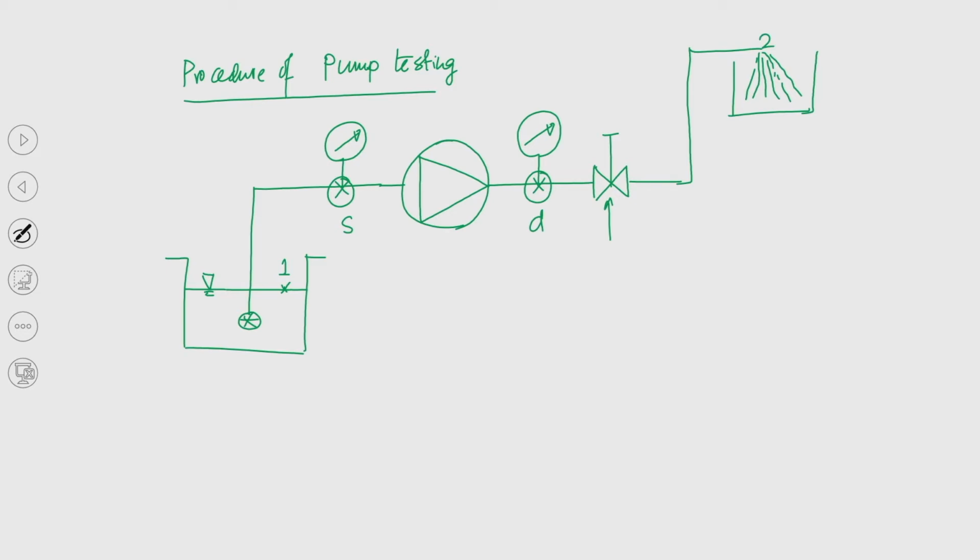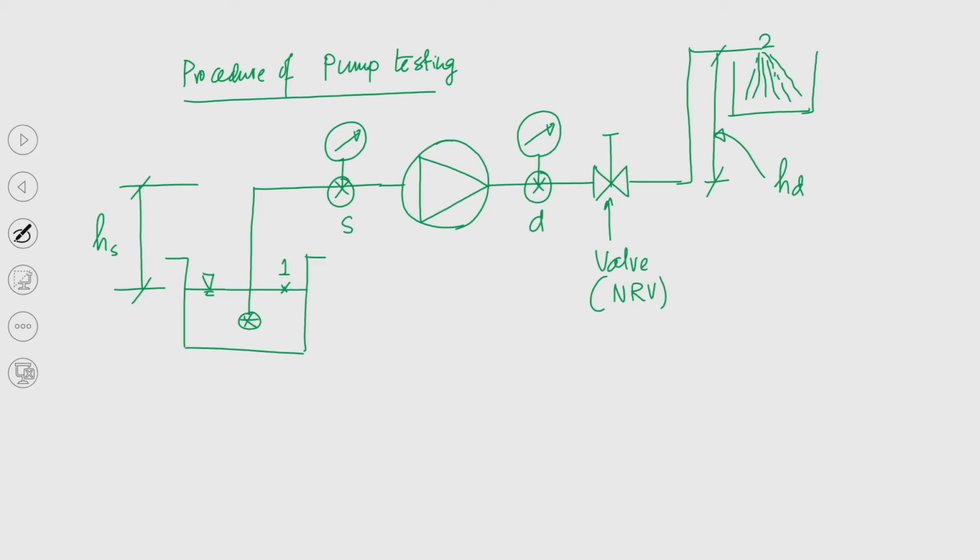Okay. Now, say this is the height on the delivery side, that is H d, and this is the height on the pump suction side, H s. And this is a valve, typically a non-return valve, NRV.